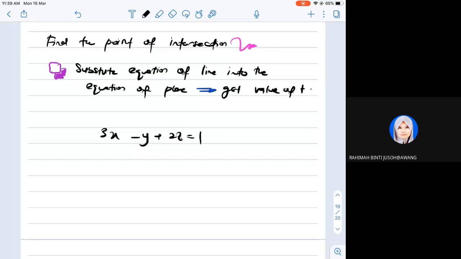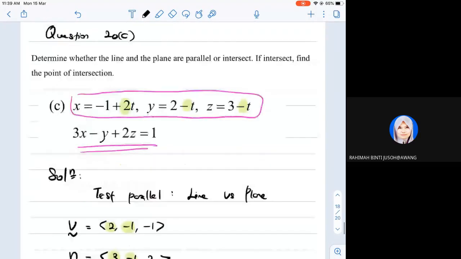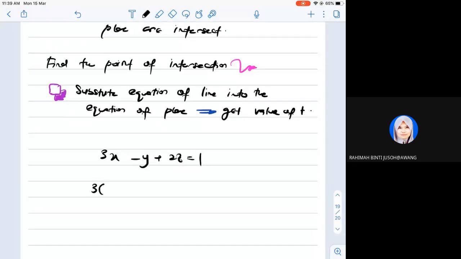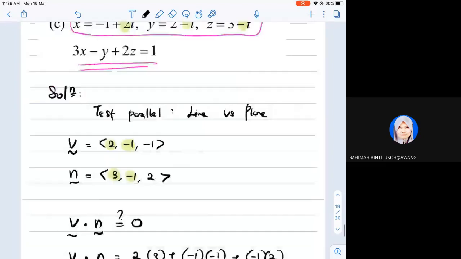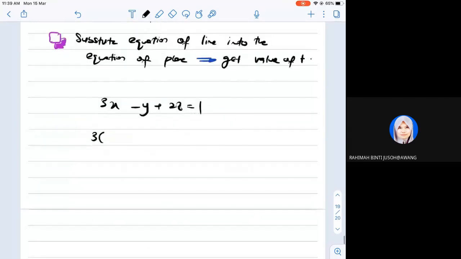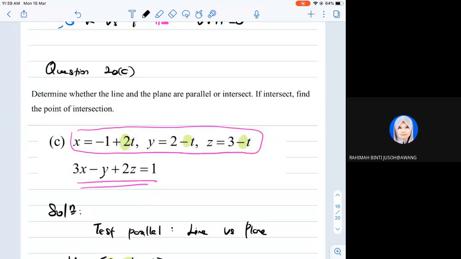Okay, so next we have to substitute the equation for the line x, y, z into the equation of the plane. So we will have 3 times x, which is x equals -1 plus 2t, minus y, where y is 2 minus t.